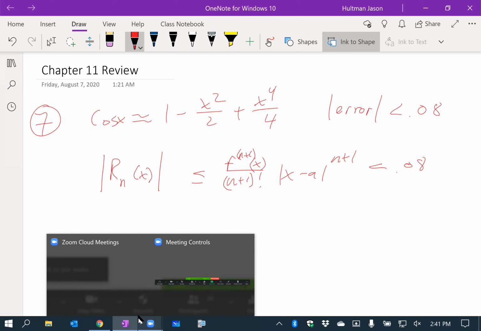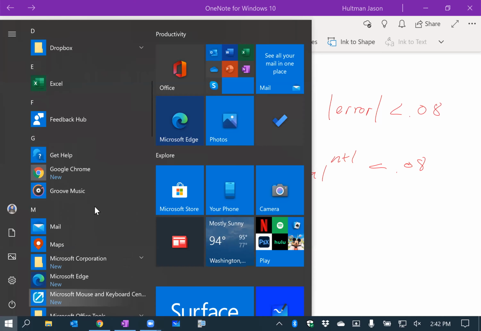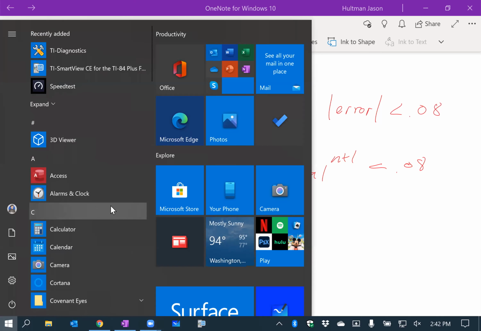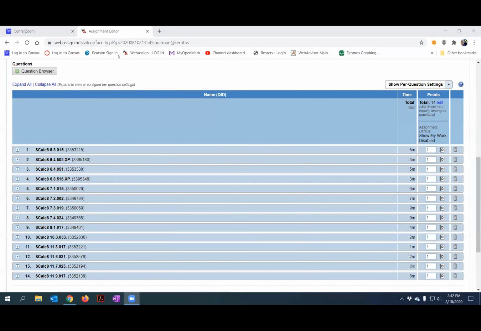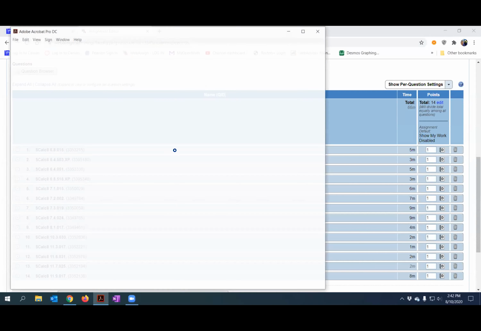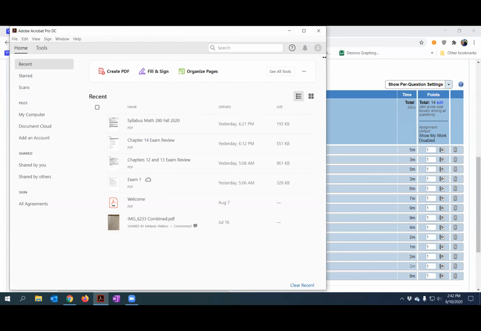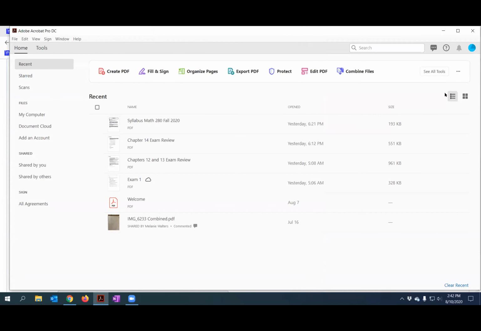Do I not have Adobe on this one? Is that what happened? Well, I'm just going to share my screen then on this one. I'll have to make a note to myself to download Adobe on my other machine. Okay.